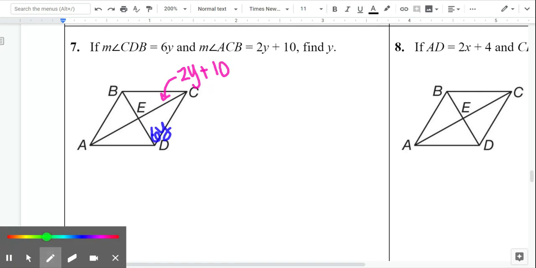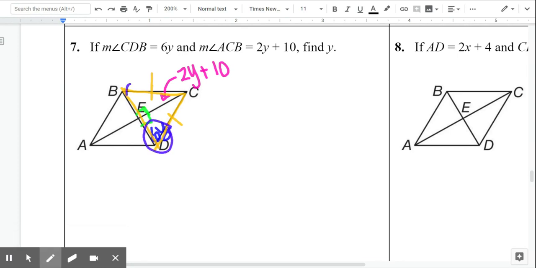So once again, we know that we have right triangles here. We also know that we have an isosceles triangle right here because these two sides are congruent. So if I have 6y over here, I also have 6y over here, right?